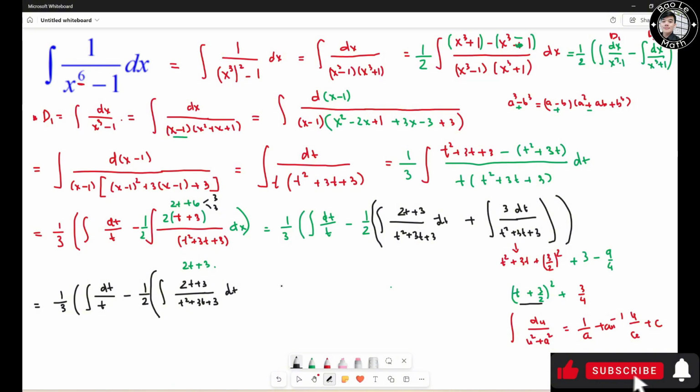So this turns out to be plus the integral of 3 dt over (t plus 3/2) all together squared plus 3/4. I can write root 3 over 2 all together squared, so that I can apply the formula right here.